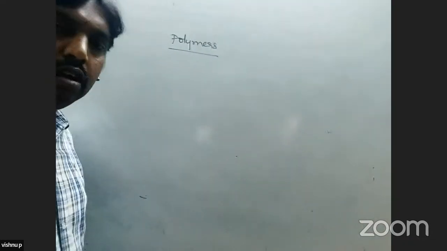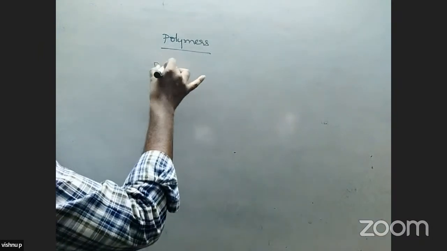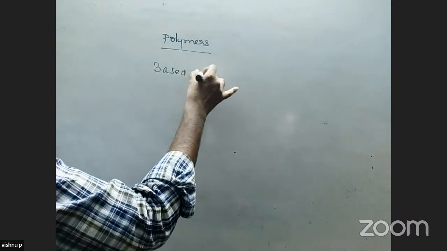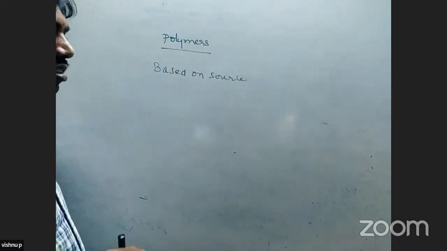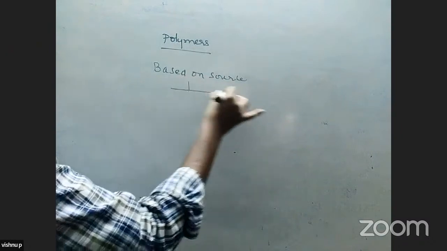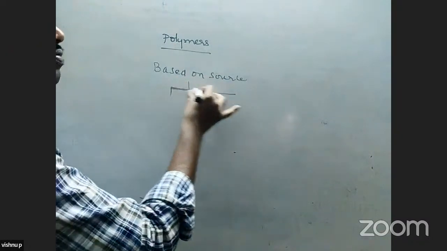What is a polymer? We know that many molecules combine to form a bigger macromolecule, which is called a polymer. Classification of polymers, today's topic.